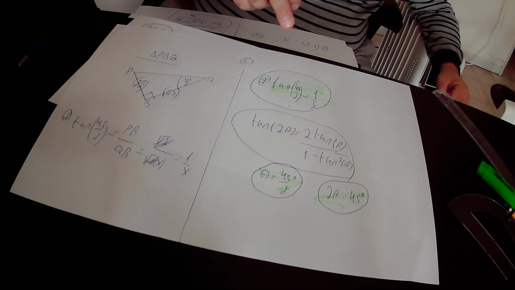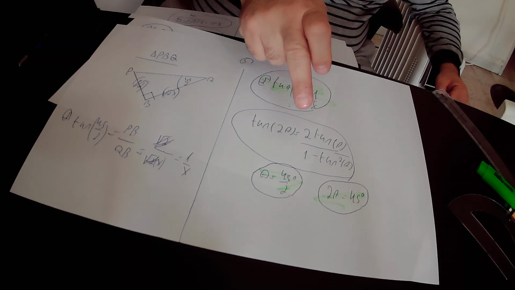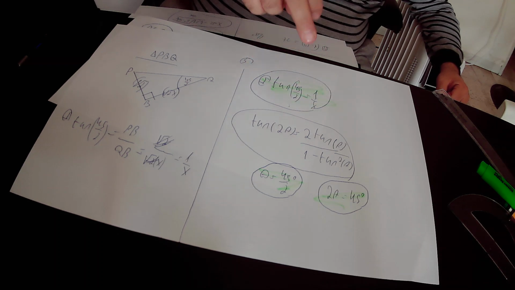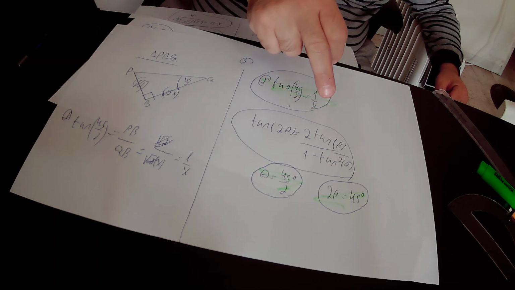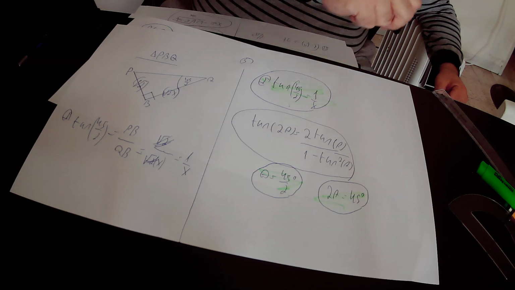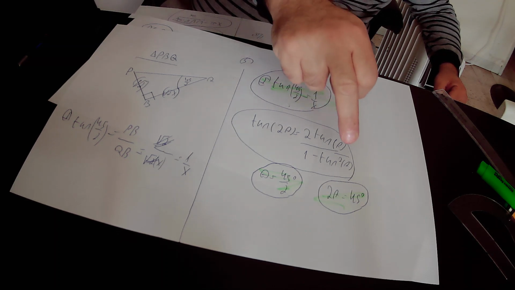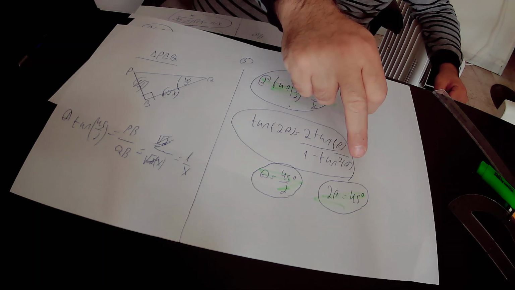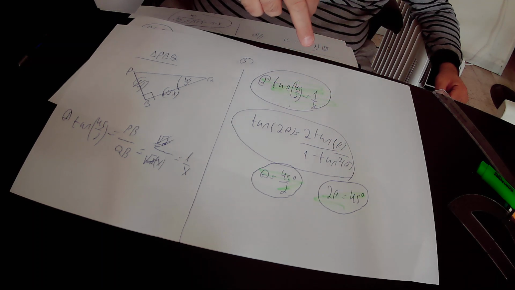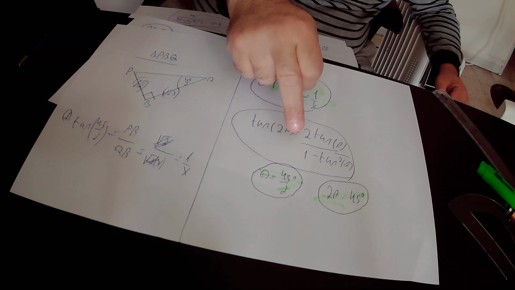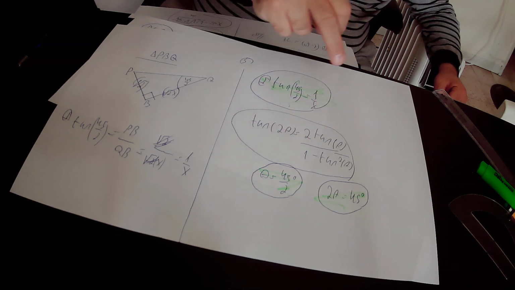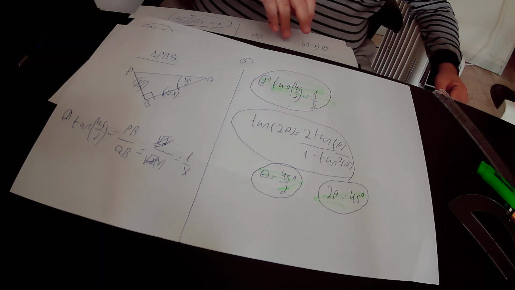Then we defined theta as 45 over 2 degrees. So if theta is 45 over 2 degrees, it means that 2 theta is 45 degrees. In the next step, we substitute 2 theta by 45 degrees because 2 theta equals 45 degrees according to our definition. And we substitute theta by 45 over 2 degrees in this trigonometric identity.